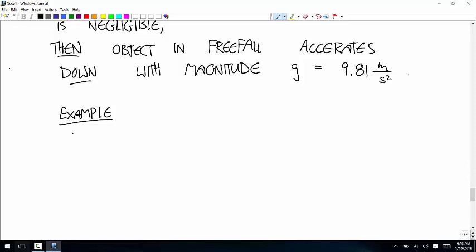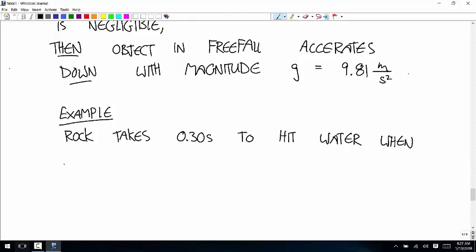So let's say a rock takes 0.30 seconds to hit the water when dropped from a bridge.